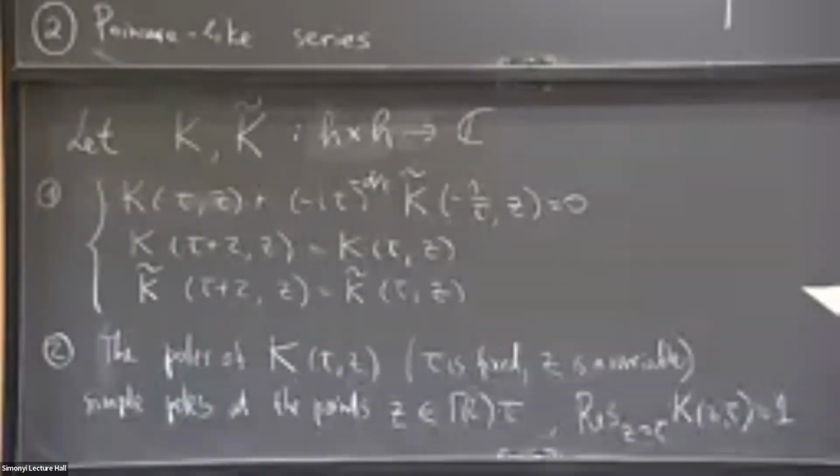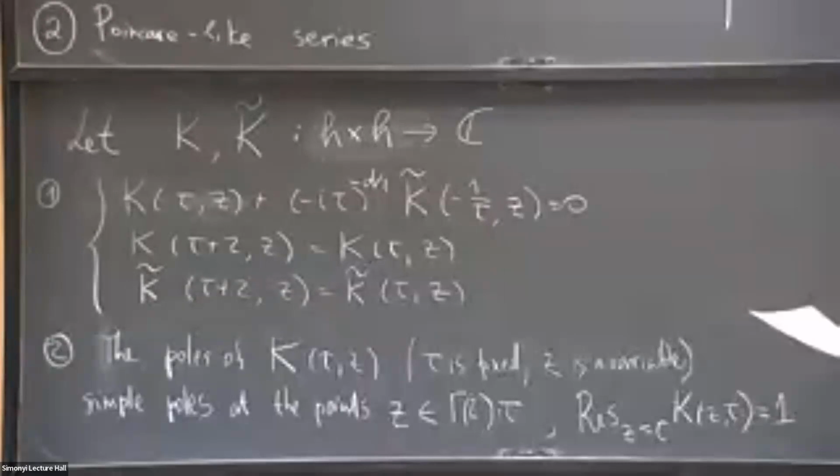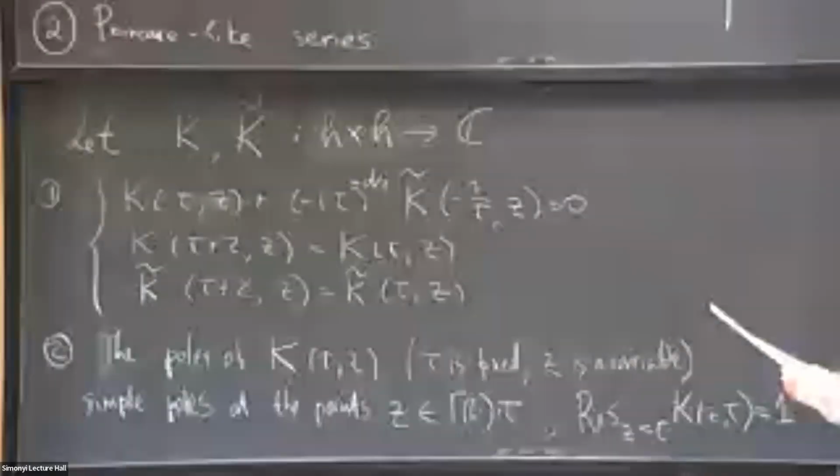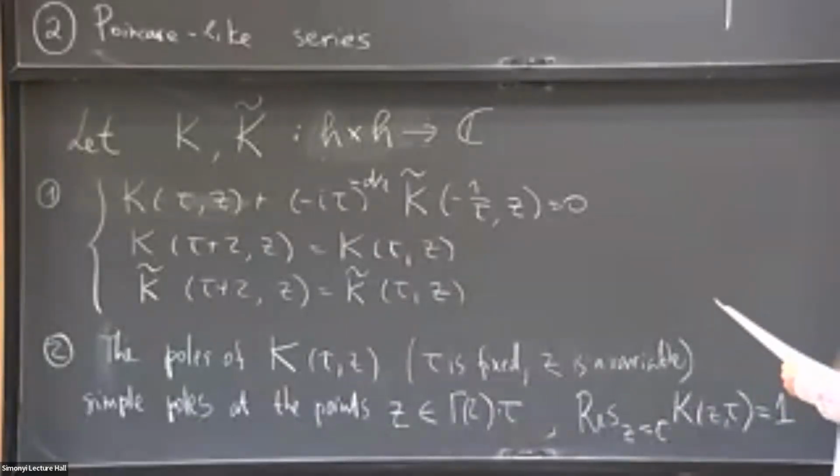When you take a residue, you multiply by dz to have a one-form instead of a function. Here, when I write residue, I mean the integral around the pole, as we studied in the complex numbers class.